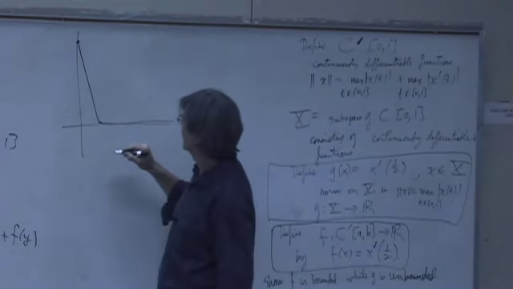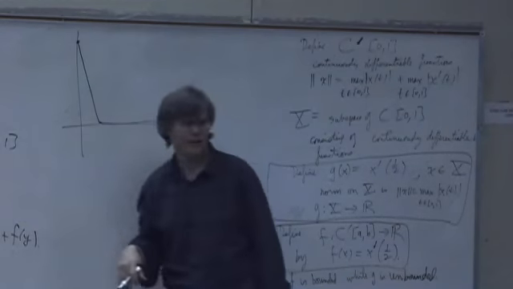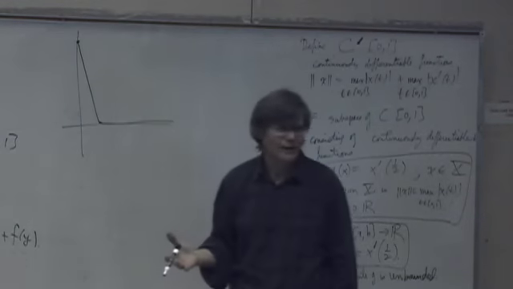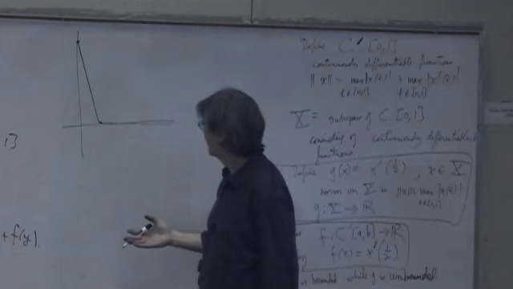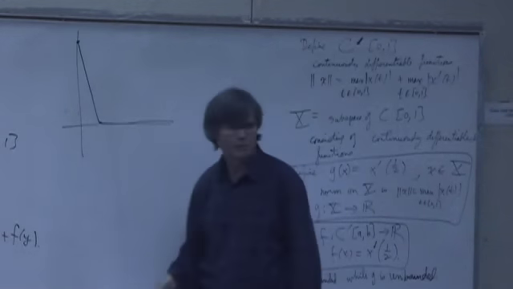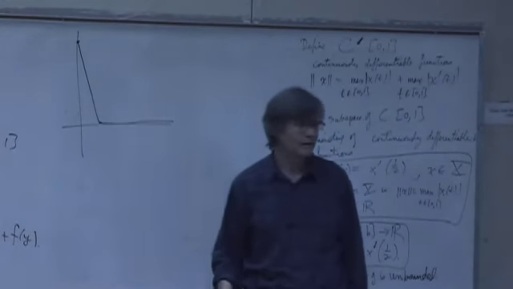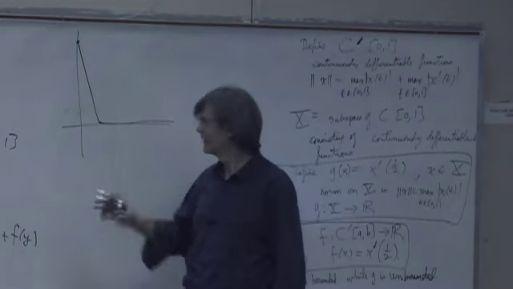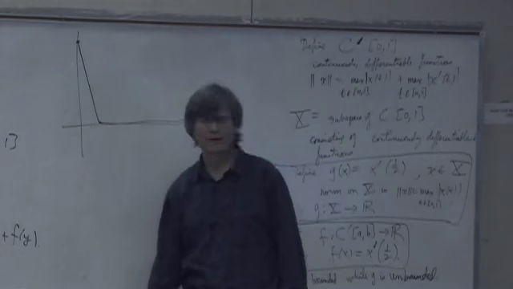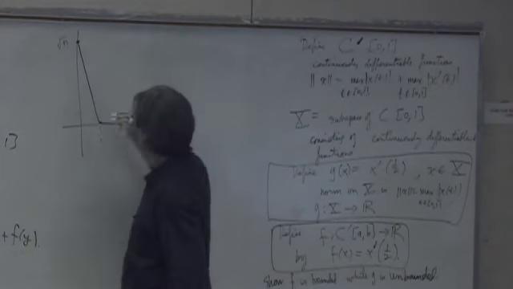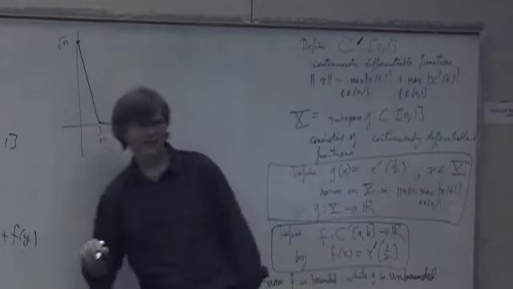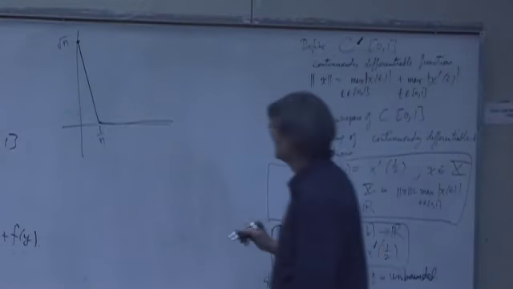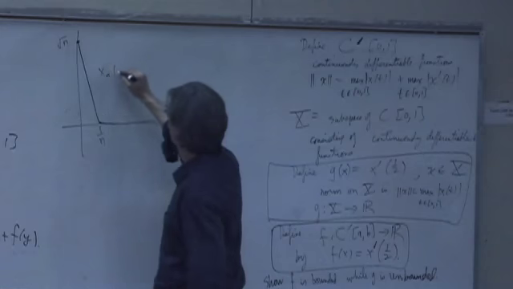It's still going to kind of look like a triangle. Base times height is area. I need the height to be big so that when the height is squared, the area is about 1. So I'll take square root of n and 1 over n. And that does the job. This is my xn of t.